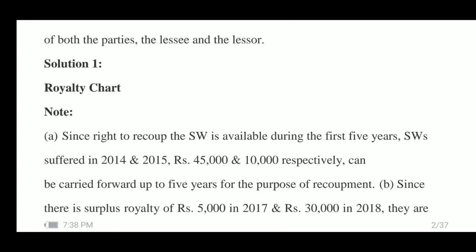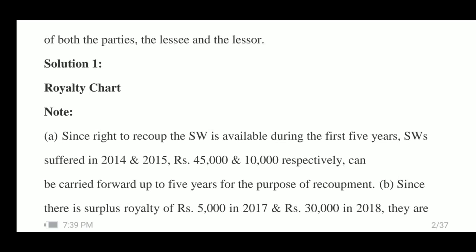Now, here before passing the journal entries, we have to prepare the royalty chart. On the base of the agreed rate, we have to prepare the royalty chart, where we have to compare the actual royalty and the minimum rent.